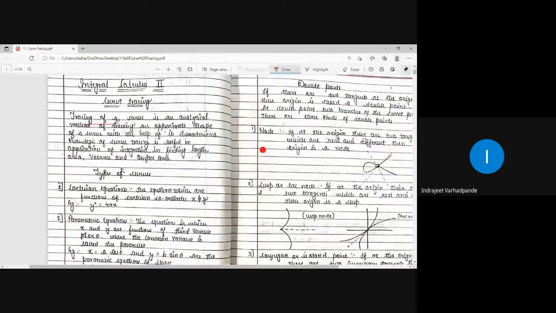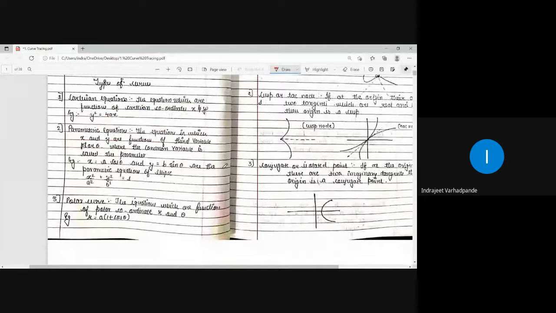Tracing of a curve is an analytical method of drawing an approximate shape of a curve with the help of its characteristics. Knowledge of curve tracing is useful in application of integration in finding length, area, volume, and surface area.